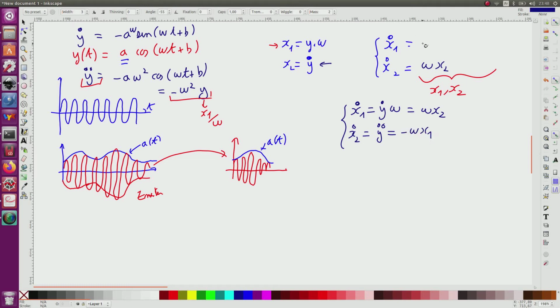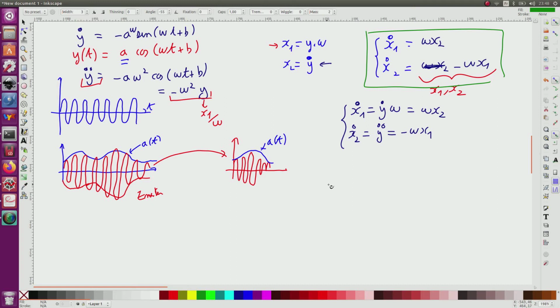So here I will have x2 dot equal, here it was this one, and here minus omega x1. Okay, so now I have my state equation here, which is linear. So I can rewrite in a linear form, in a matrix form.